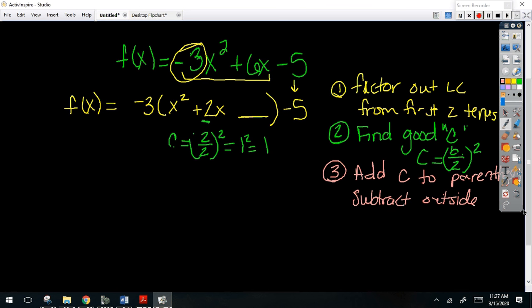And I can do whatever I want to the equation as long as, number one, I do it to both sides, or number two, I keep it balanced. In other words, if I add a 1 here, I've now thrown a 1 in here. I need to subtract that back out so that I haven't really added anything to the equation.